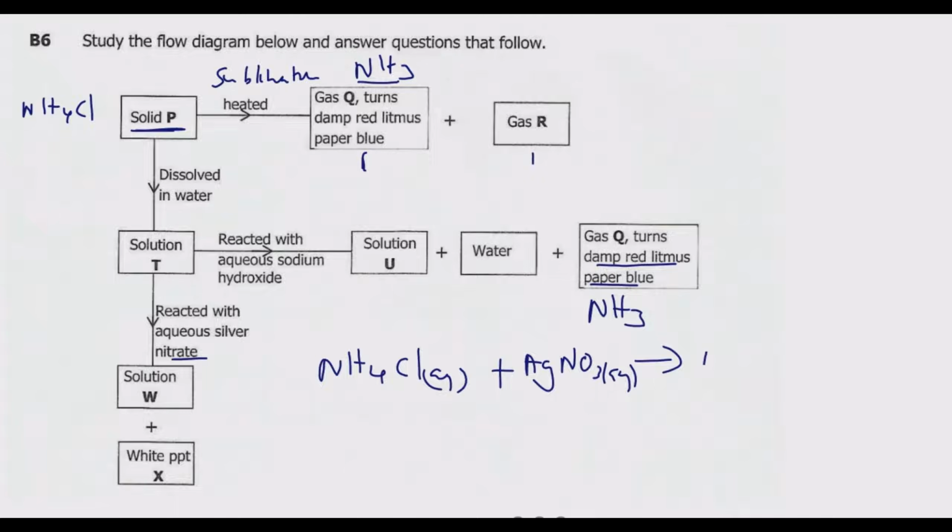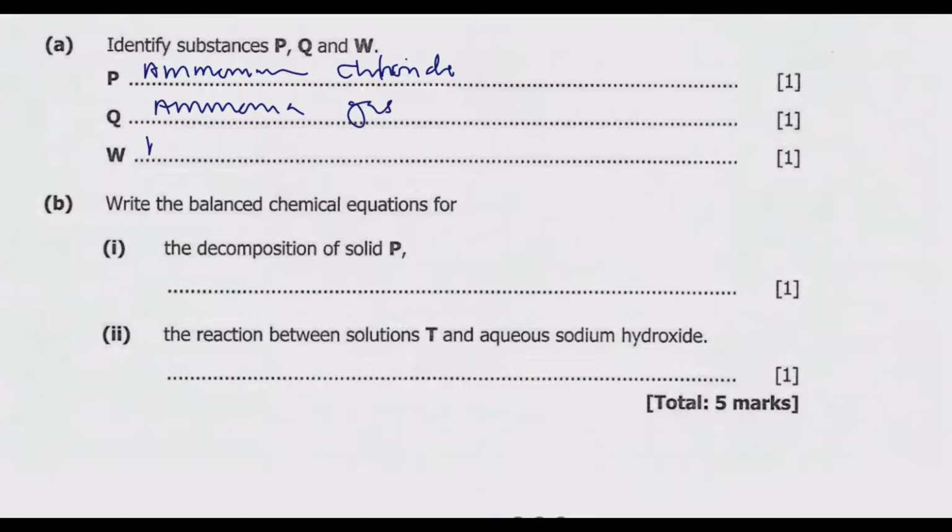We get silver chloride, which will be solid, and ammonium nitrate, which will be aqueous, which is the solution. So this white precipitate, which is X, is silver chloride. Then this is ammonium nitrate. So W should be ammonium nitrate.